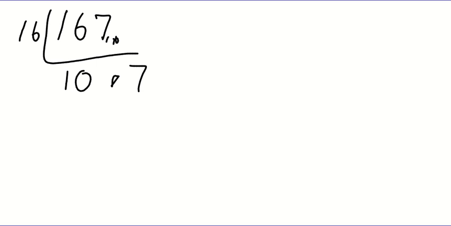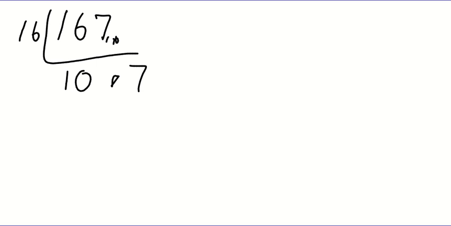if I write out 167 in base 10, and I continually divide by 16 and put the remainder, like we did when we were converting from base 10 to base 2, continual division by 2, then if I put 16 into 167, that gives 10, remainder 7.